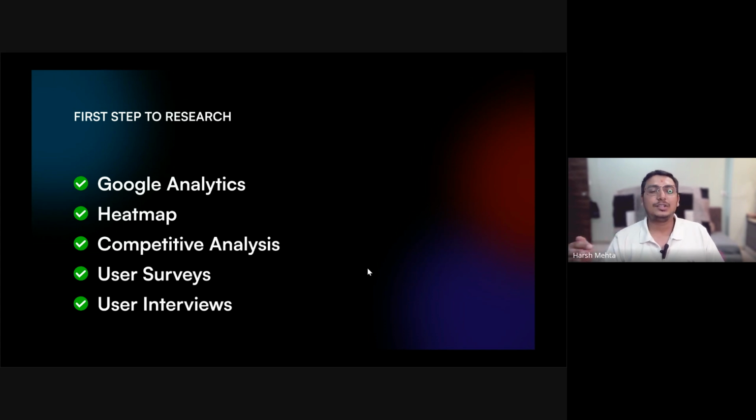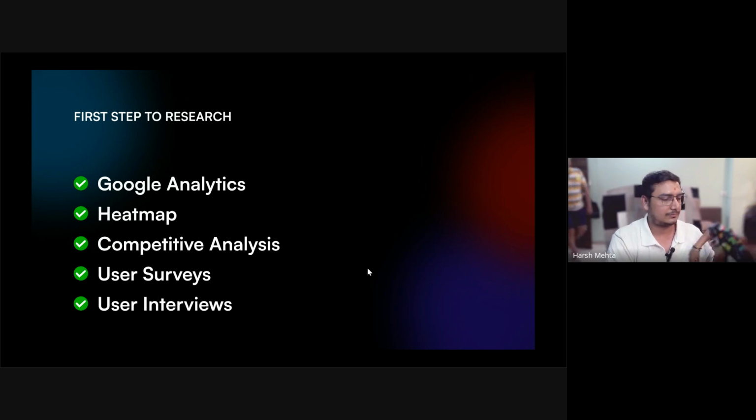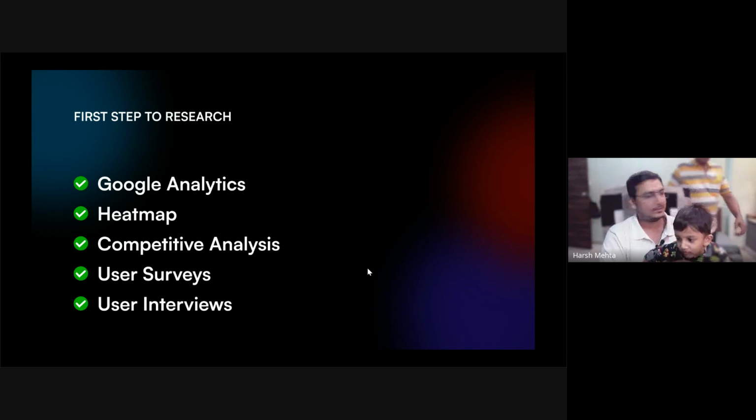So both are two different things. Google Analytics is mainly quantitative, where we get the numbers, and with the heat map we mostly get the behavior of the user, whether they are clicking or not and how often. We have reds and yellows and greens, right? So sorry for this, guys.